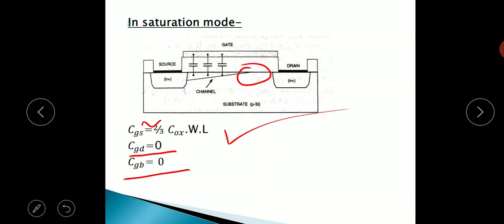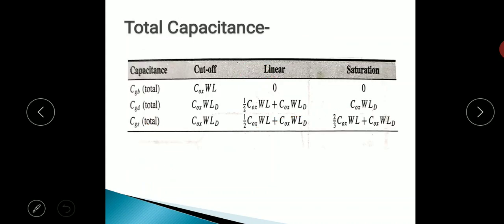Next we discuss total capacitance. In every region the overlap capacitance is present. Overlap capacitance is related to source and drain, so there is no change in its value. Here we write the total gate to drain capacitance and gate to source capacitance.